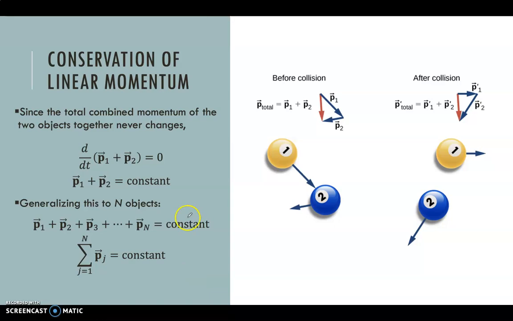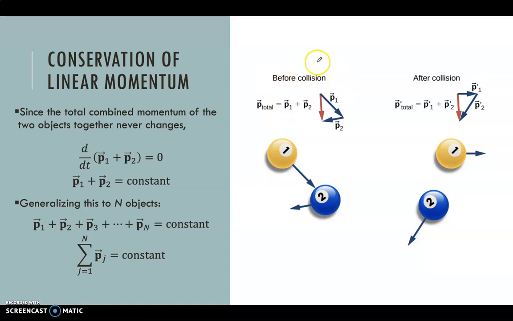And we can generalize this to any number of objects, or n objects. So basically, the addition of each momentum should all add up and equal some constant. Or we can say the summation from j equals 1 to n of p sub j is equal to a constant.